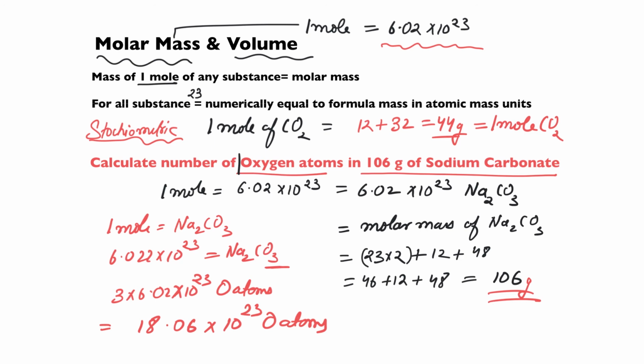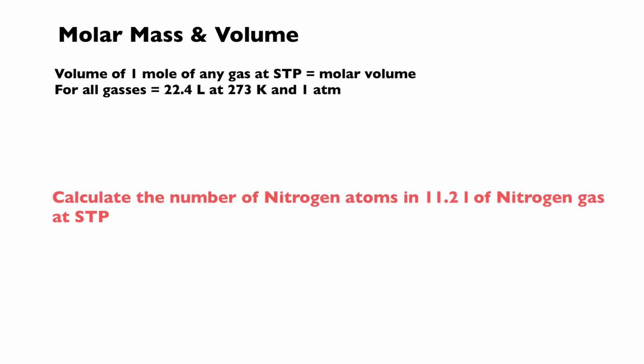Now, there's something that I want you to work on and find out, and we'll discuss that in the next video, because we also want to talk about volume. So what is molar volume? Molar volume is the volume of 1 mole of any gas at STP. What is STP? STP is standard temperature and pressure, right?